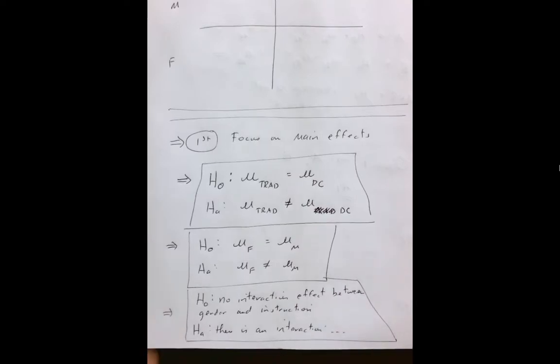And I'm running out of space here, but just go ahead. There is an interaction between gender and instruction. Okay? So ultimately, gang, we're going to end up with an Anova table that's going to be very similar to the Anova table that we do in a standard Anova.